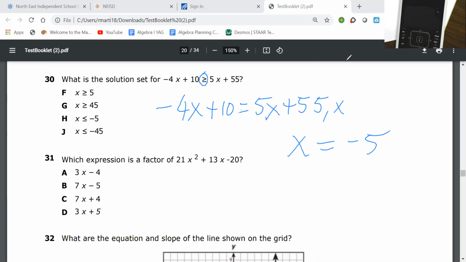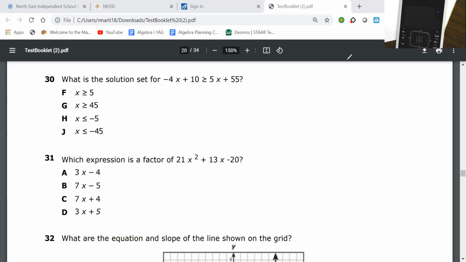There's only one of these that has an x equal to negative 5 as part of it, and that's the same answer, H. So you can use your numerical solve to do inequalities to some degree, and you can do that if you want. But anyway, there's a couple ways you can do that particular problem.